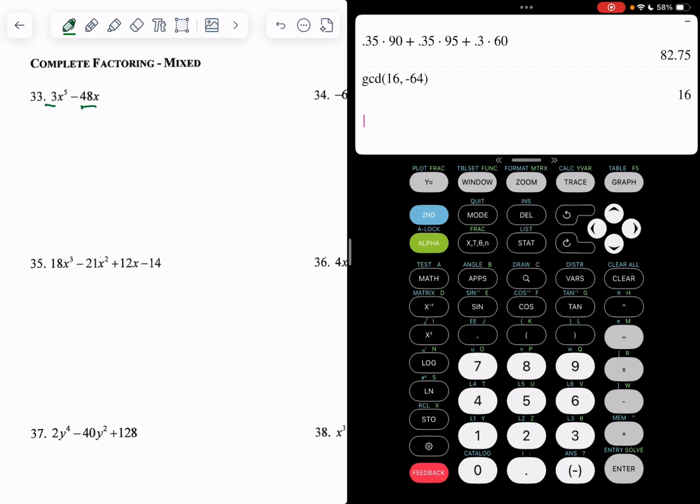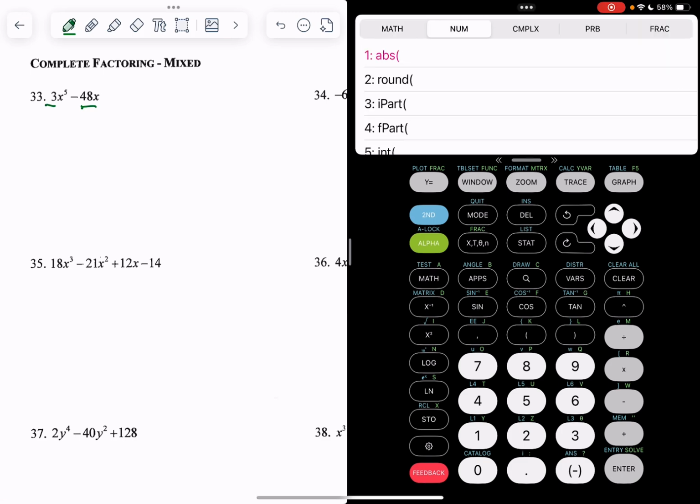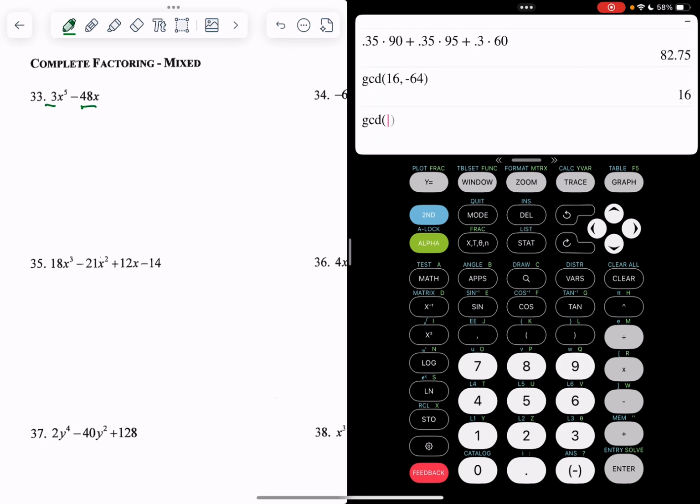Like I said, if you can't find that factor, just go math, go over to number, hit 9 for the greatest common factor, put in 3, comma, 48, parentheses, and you hit enter, and it'll tell you this one's 3.